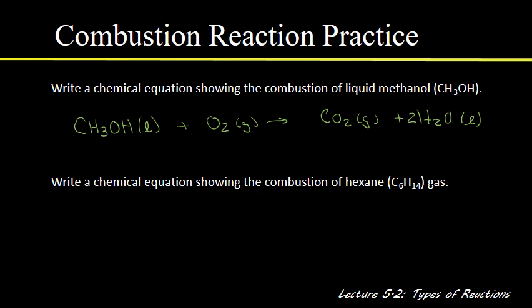I've got 1 carbon on the left, 1 carbon on the right. That all looks good. Now on the right, I've got 4 oxygens, right? On the left, I've got 1 here and 2 here, so that doesn't work, right? This needs to be 3 oxygens in order to work out, so that would have to be 3 halves. Right? And now I'll just multiply the whole thing by 2.